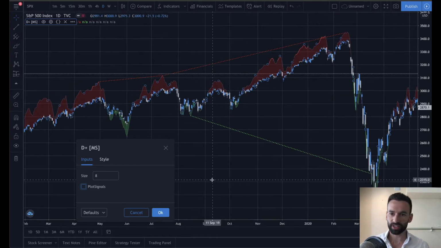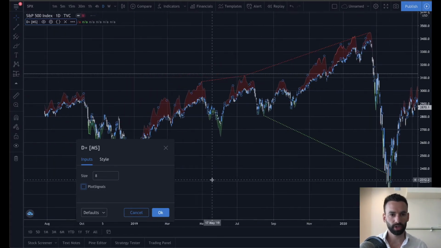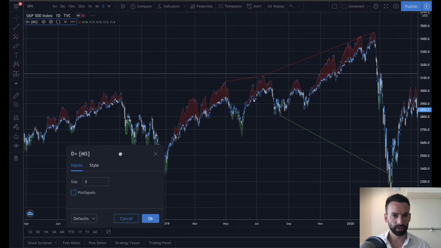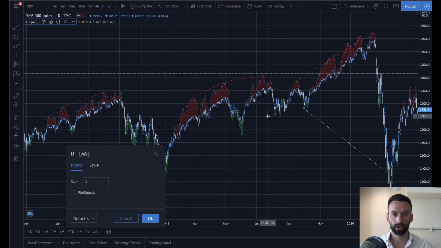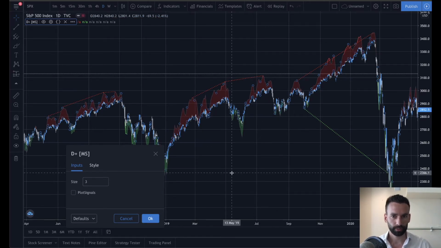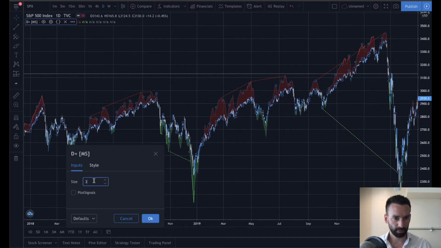Now, size, just like the other indicators I've created, if you've followed along, size just tells you what size divergence you want to look for. If I make this a 3, you're going to see the lines get shorter because we're looking for tighter divergences. Let's see if I bring this down to a 1, if we get anything more interesting.